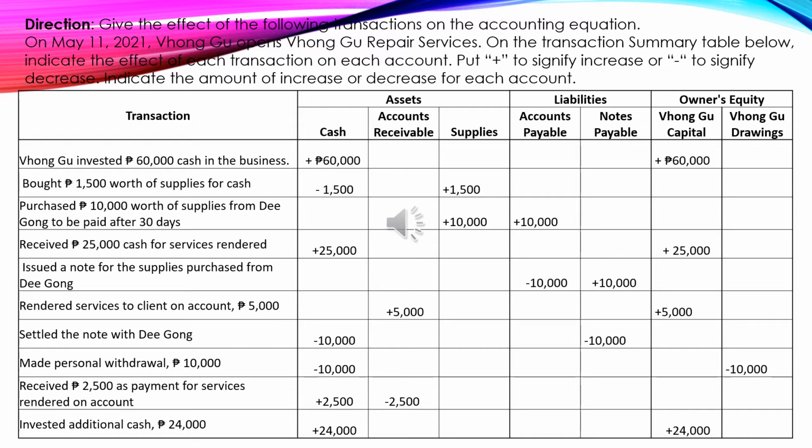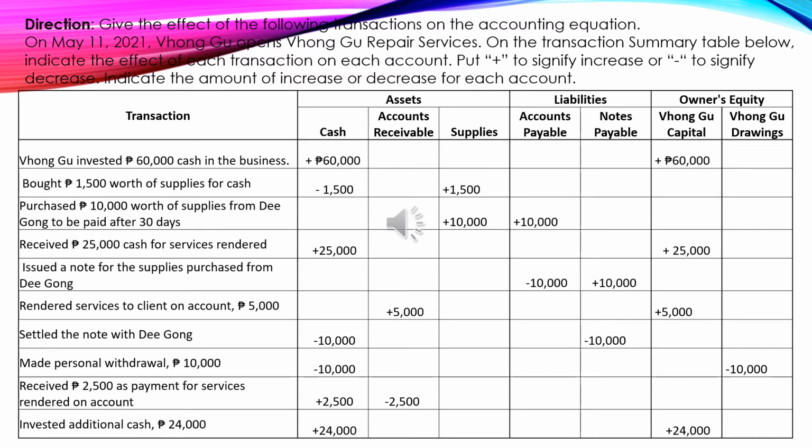And any income on the part of the business will be considered an increase in the equity. So that's why we have there an increase in owner's equity of 25,000 for the account of Vonggu Capital. Okay, so an increase in cash amounting to 25,000 with a corresponding increase in equity amounting to 25,000.